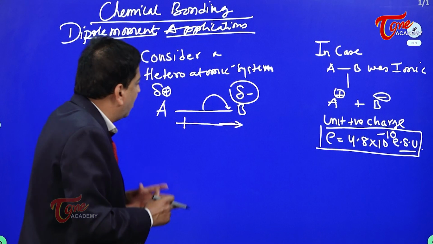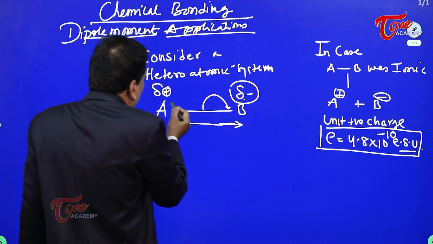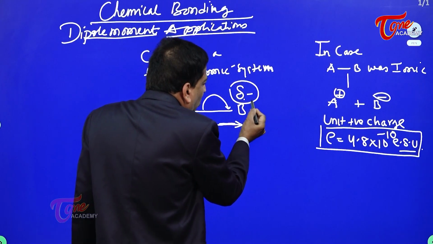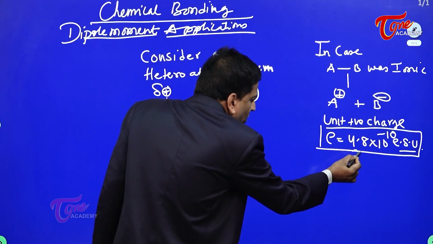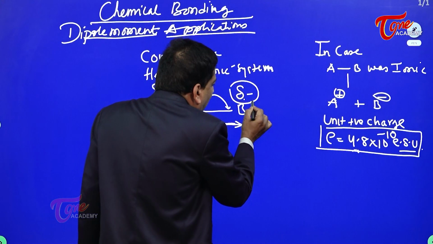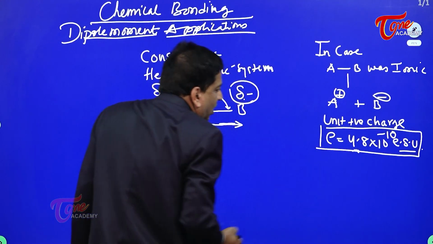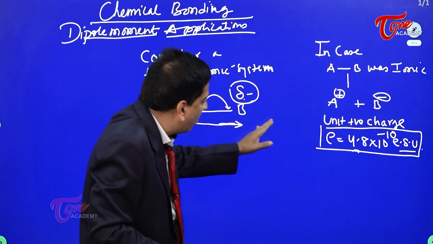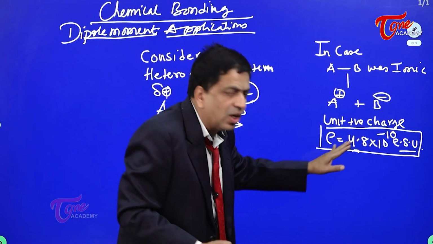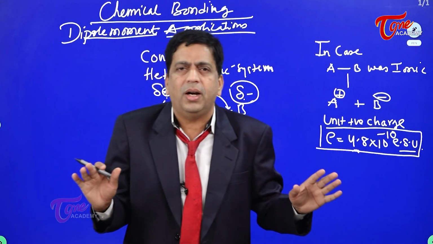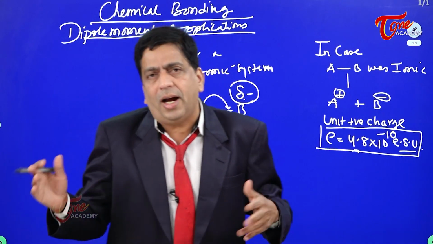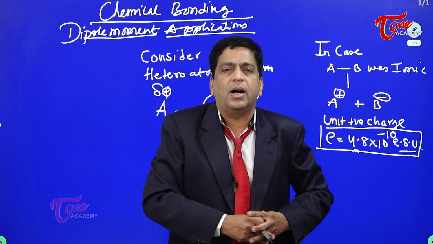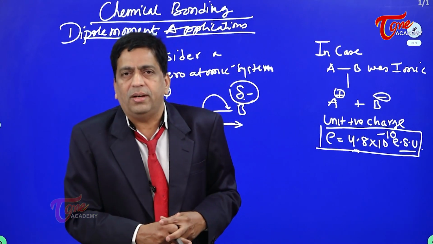If that is the case, remember these charges which you are seeing are partial charges. So when they are partial, their values are lesser than this. In fact, these values are a fraction of this. So these values are partial charges, and partial charges are fractions of the full charges. That's why I still label that a polar covalent bond, a bond with some degree of ionic character. You must understand that, right?